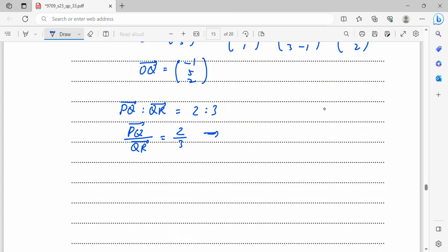In other words, 3PQ equals 2QR. So with this, we use the definition of vector PQ. Vector PQ is OQ minus OP.